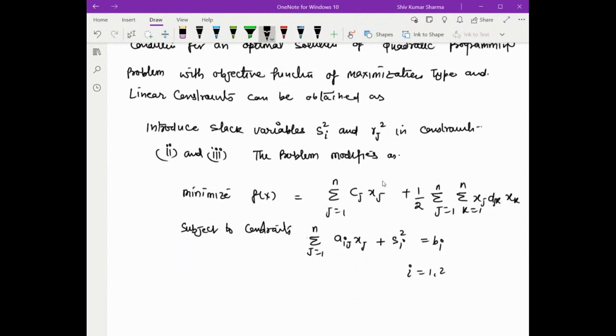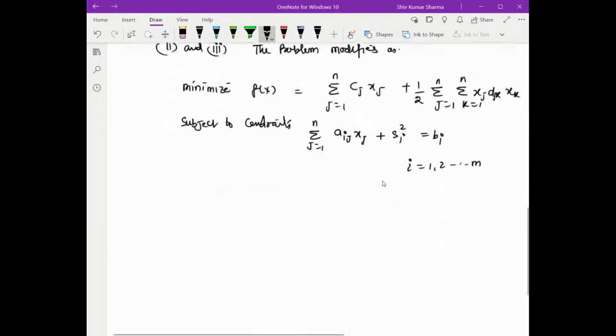So here i equal to 1 to m, and the decision variables we write in this form: minus xj plus rj square equal to 0, where j equal to 1 to n.